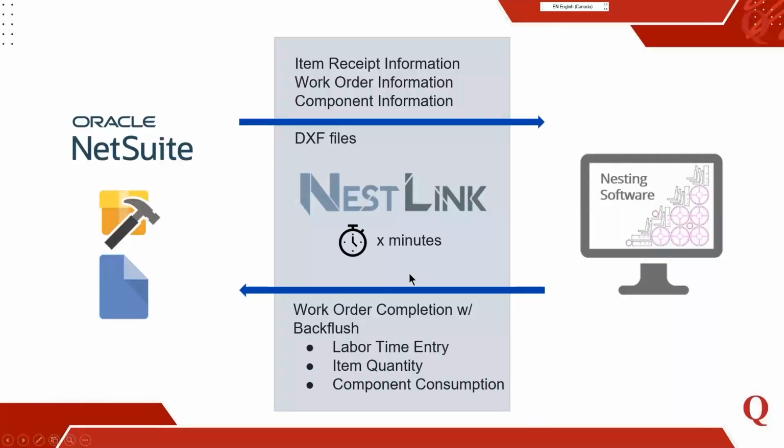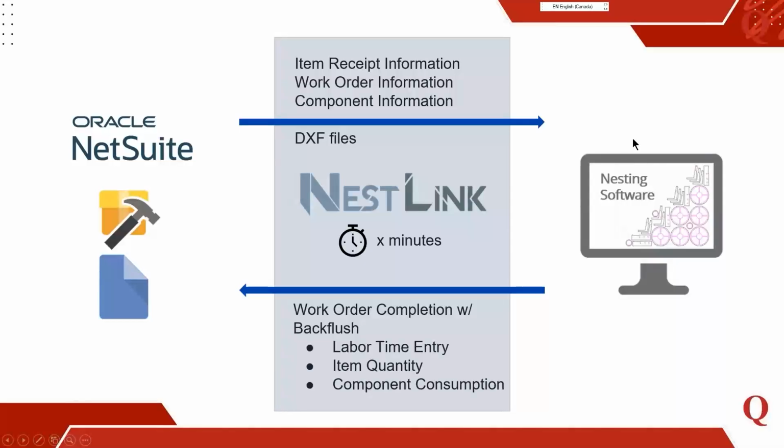So this little time icon here, it's going to constantly check in the background every 5 minutes, every 10 minutes, every hour, whatever time duration you set. At the same time, any geometry that's available for those parts can also be imported into the nesting software through locating the DXF files, either on a file repository or shared drive of some sort.